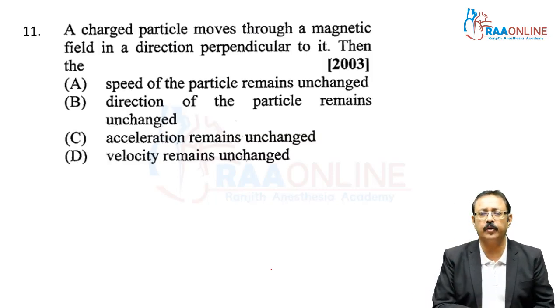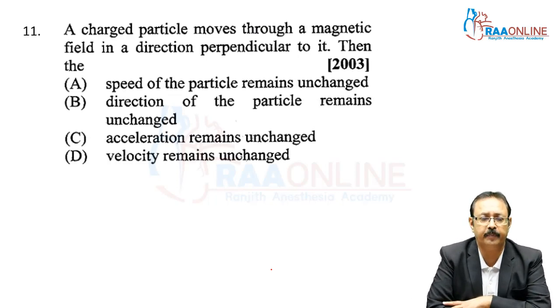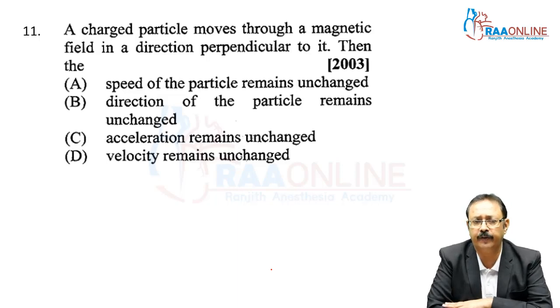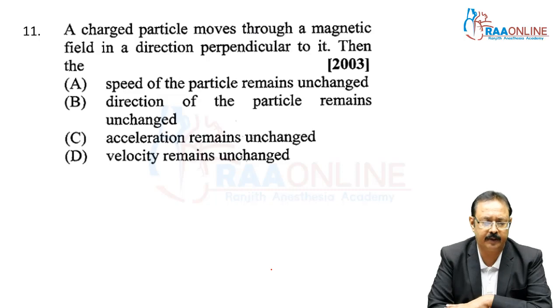Now we are going to solve problem number 11 from 2003 AIPMT. A charged particle moves through a magnetic field in a direction perpendicular to it. Then the speed of the particle remains unchanged, direction remains unchanged, acceleration remains unchanged, or velocity remains unchanged.